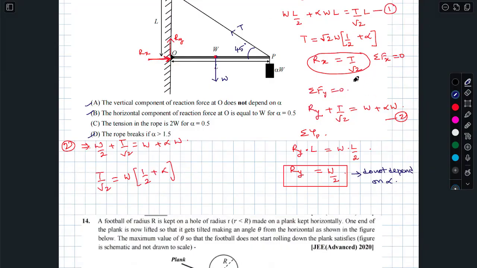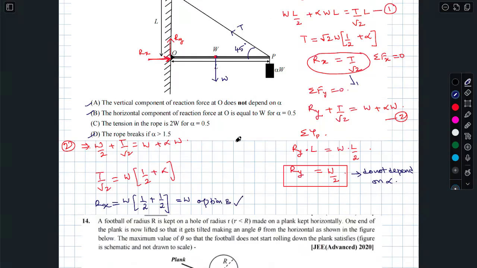The horizontal component of reaction force at O is equal to W for alpha is equal to 0.5. Okay, fine. By taking this as the condition, T by root 2 is W. With this, Rx is equal to W times 1 by 2 plus alpha plus 1 by 2, which is equal to W. Option B correct.